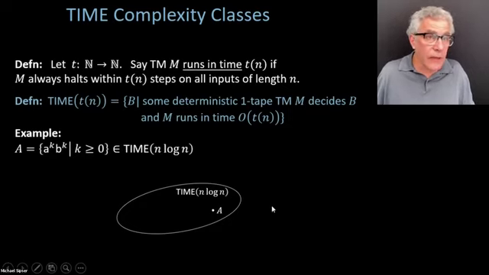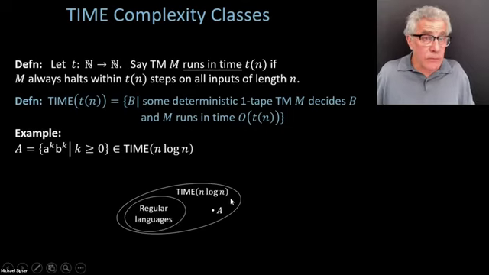This region here captures all of the languages that you can do in order n log n time. For example, that also includes all of the regular languages. Why is that?